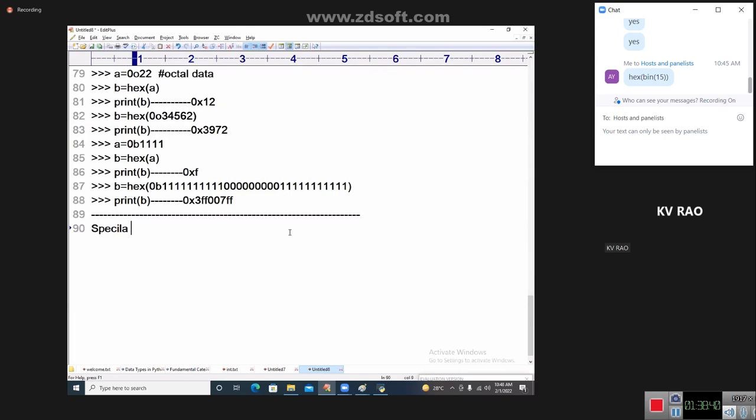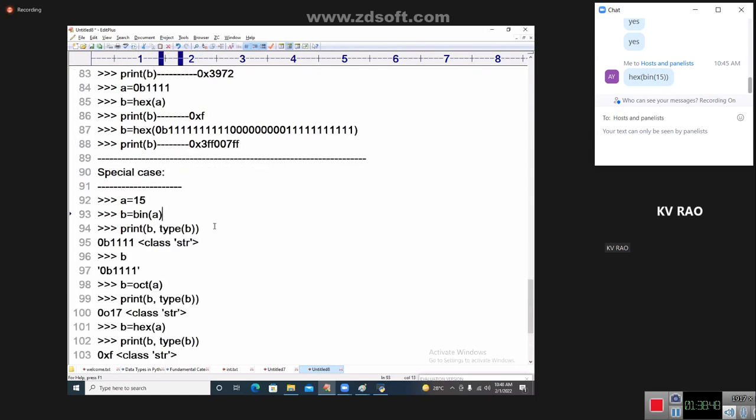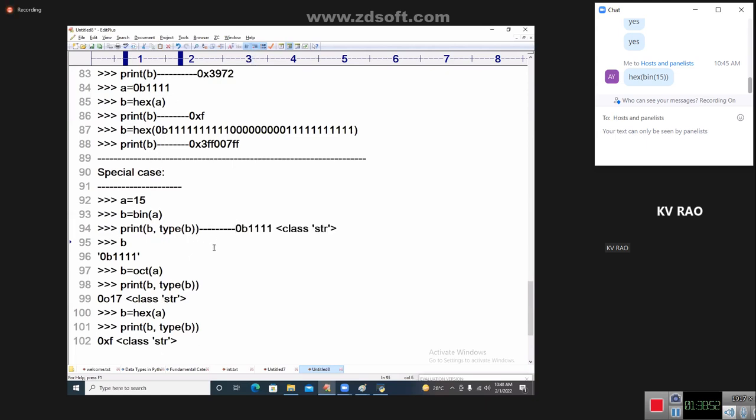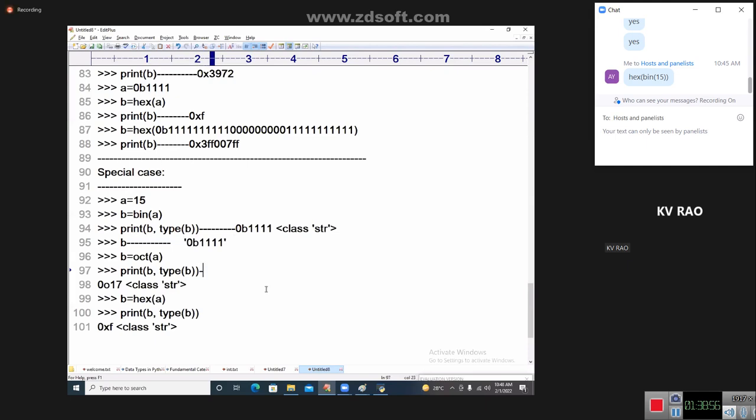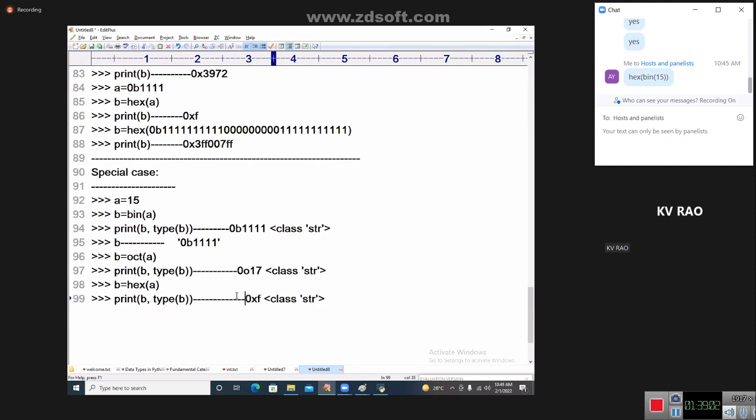Anything it prints is in this format, printed in single quotes. So this is the data we have, and we are converting it to hexadecimal. I hope you are understanding the meaning of this single quote and STR.